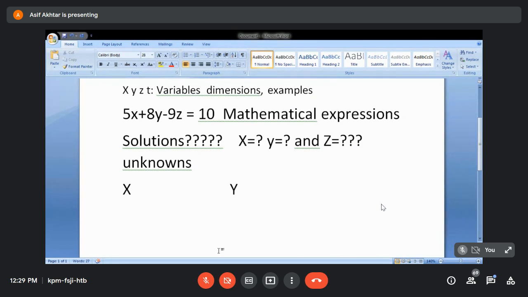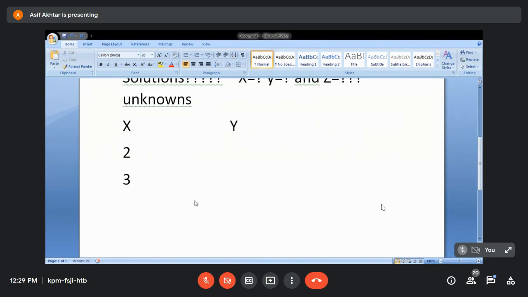Now what I'm doing is putting values of x: first 2, then 3, then -1. After putting the values of x, I just want to see, is there any change in the value of y?